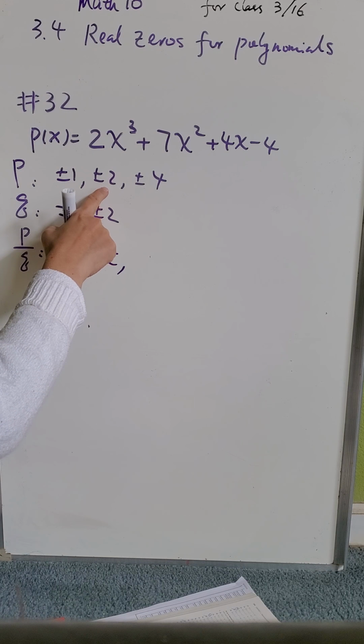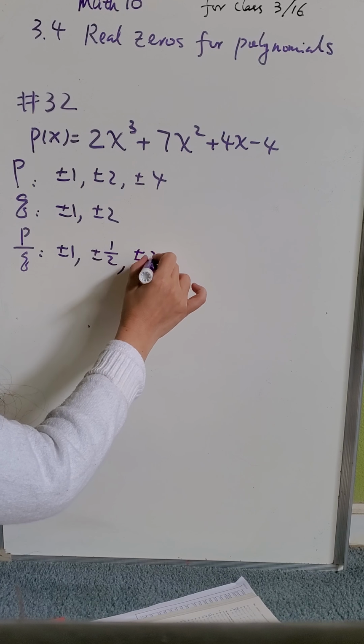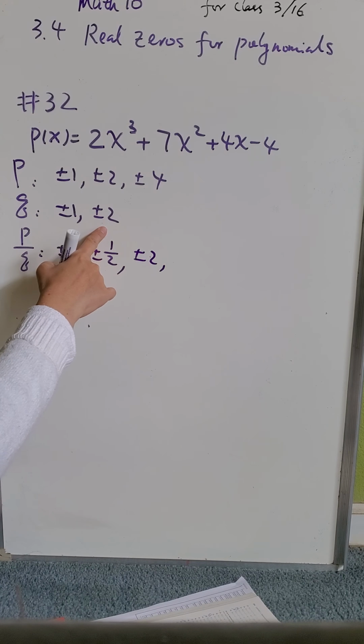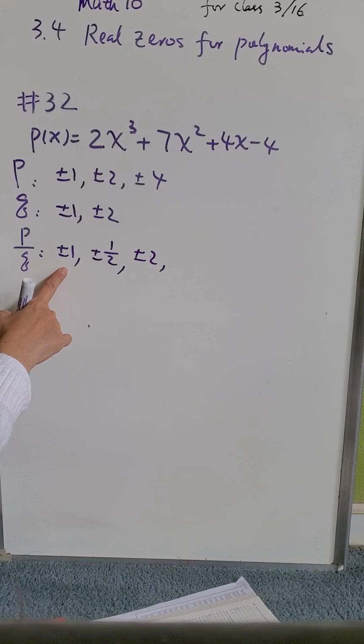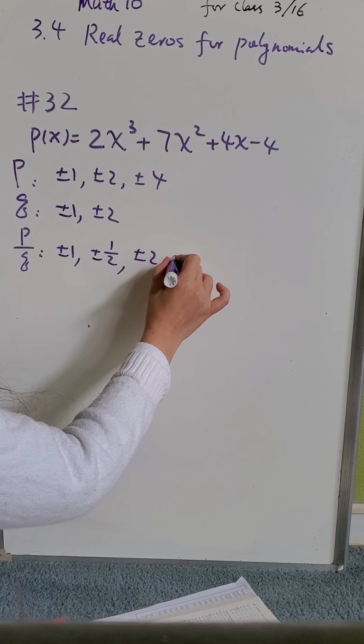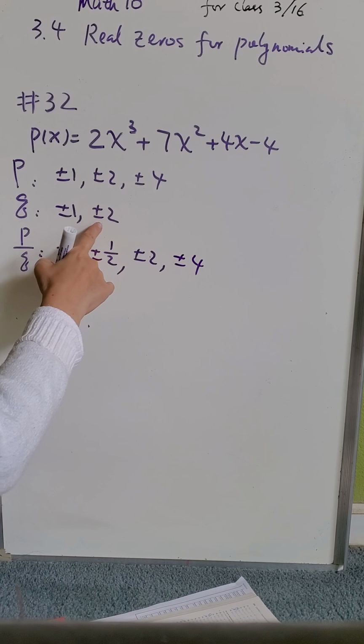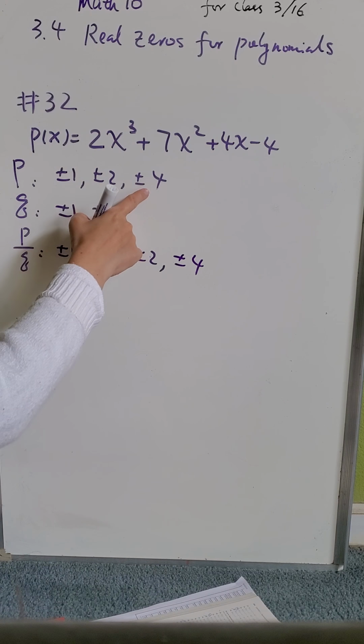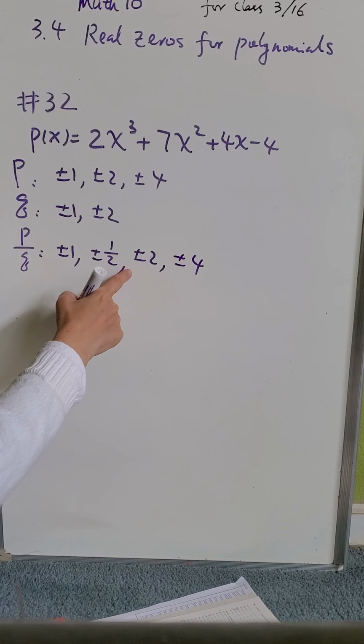Then I take this one, divided by this, plus minus 2. Divided by this, plus minus 1 again, you only have it once, so you don't need to write it. Take the 4, plus minus 4. And this one has a 2, you only have it once, so you don't need to do that one.